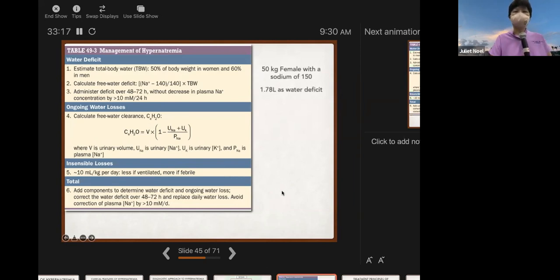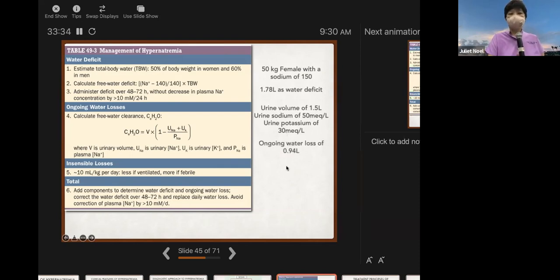This is an example. A 50-kilo patient with a sodium of 150. So your water deficit is 1.78 liters. Then the urine is 1.5 liters, urine sodium is 50, potassium is 30. So ongoing water loss is 0.94.